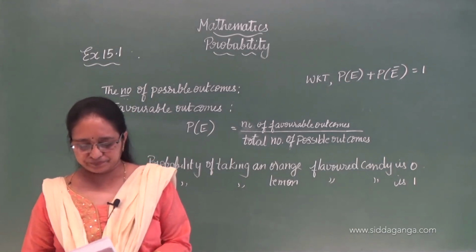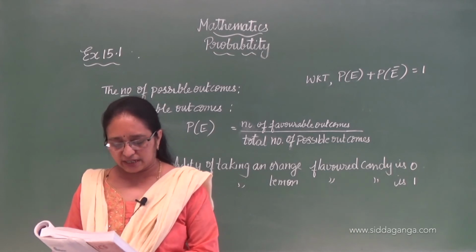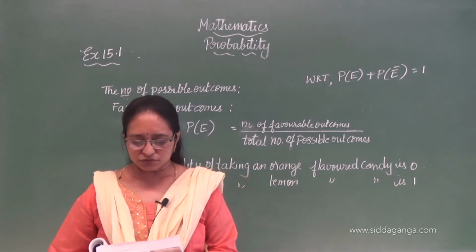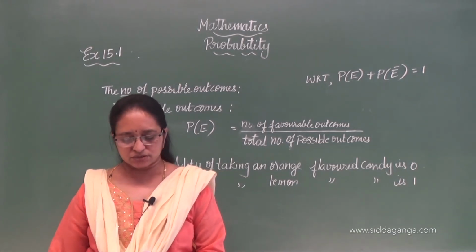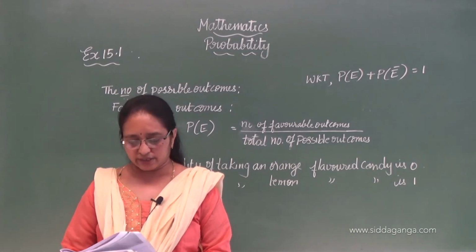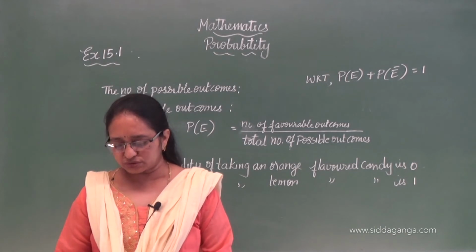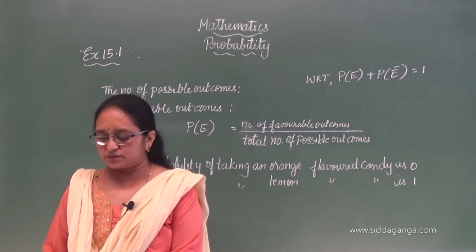Next one: it is given that in a group of 3 students, the probability of 2 students having the same birthday is 0.992. What is the probability that 2 students have different birthdays?